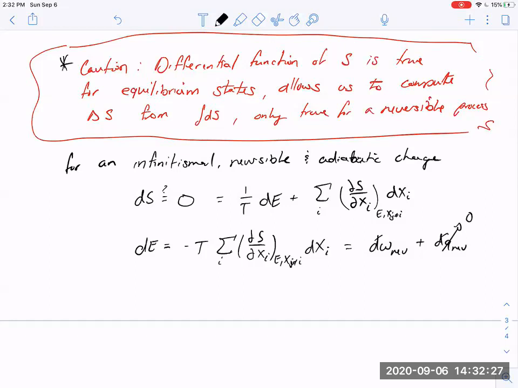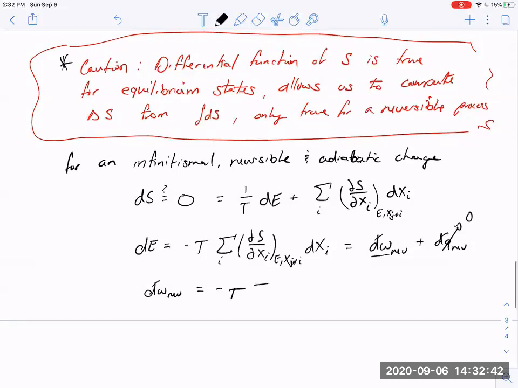So it must be then that dW, reversible in this adiabatic process, is equal to minus T sum over dS/dxi times differential changes in xi. So the work is some constant related to changes in entropy with changes in mechanical variables times dx.